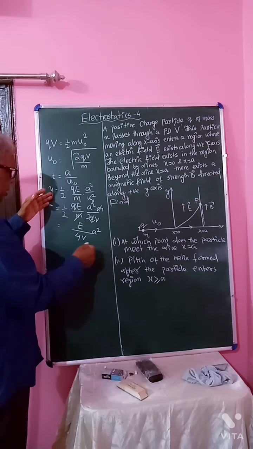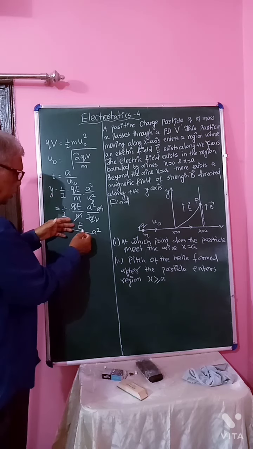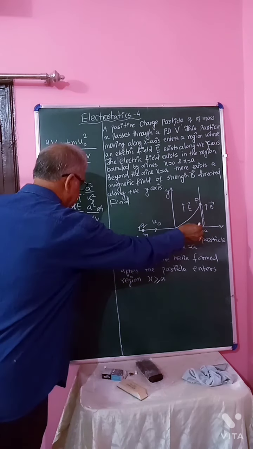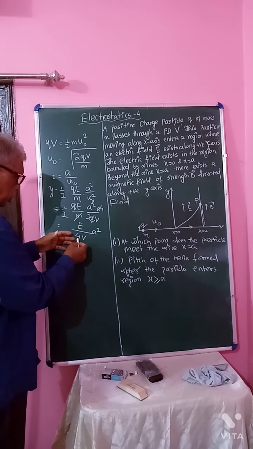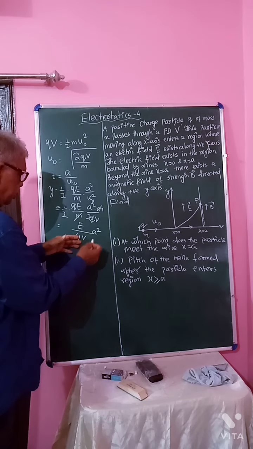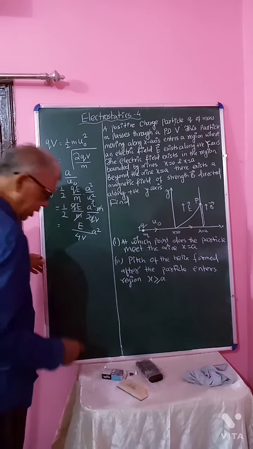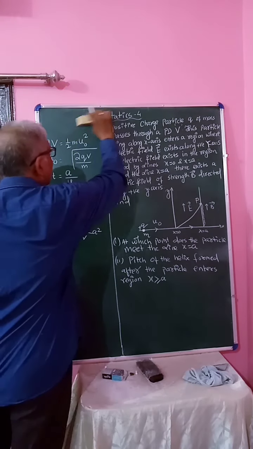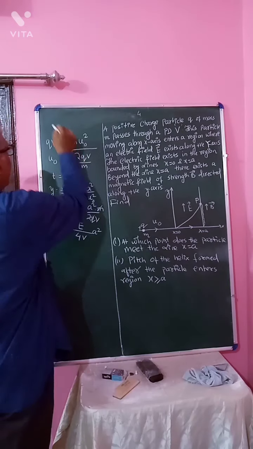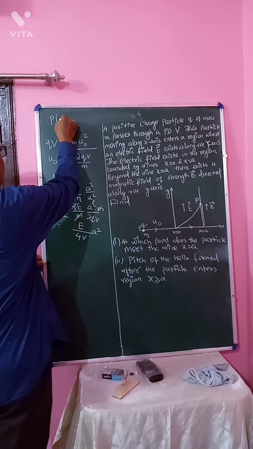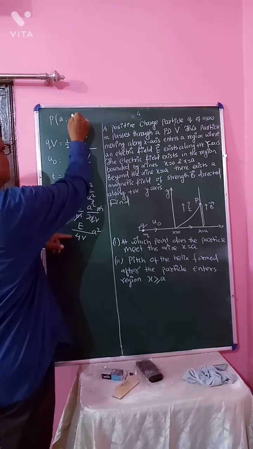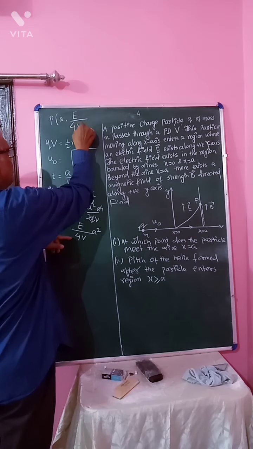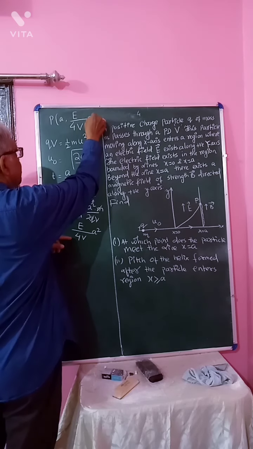The displacement of the particle is y equal to E a squared over 4V, where E is the intensity of the electric field, a is the distance, and V is the potential difference. So the coordinate of the point P is: the x coordinate is a and the y coordinate is E a squared over 4V.